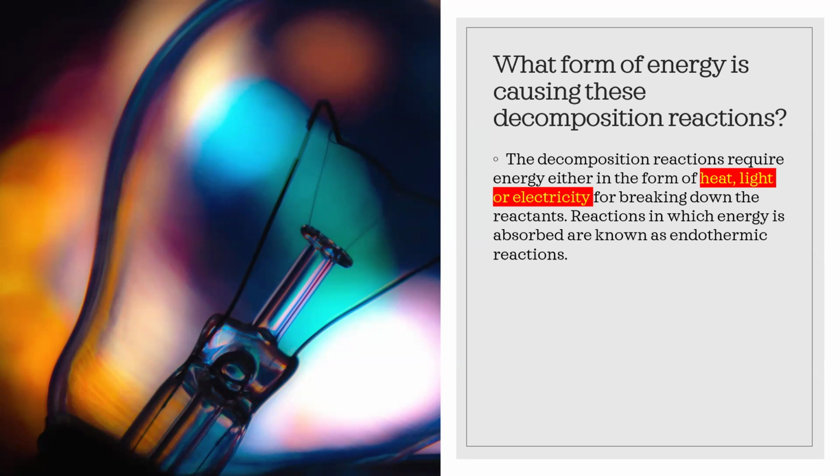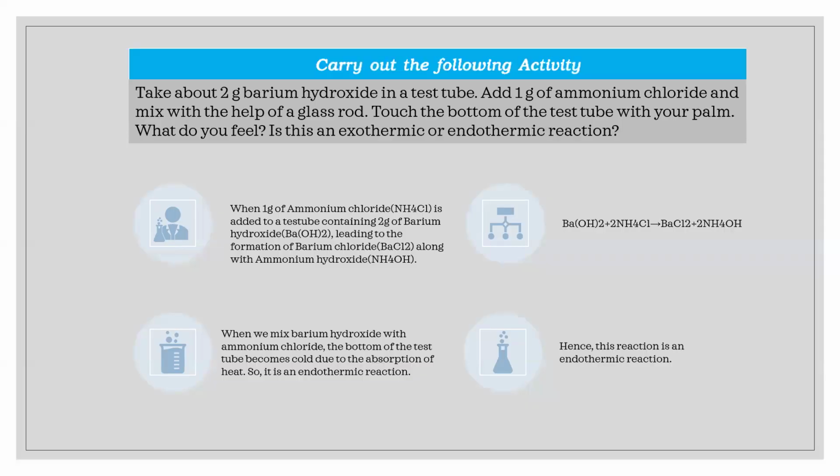The energy can be in the form of heat, light, or electricity. For the breaking down of reactions in which energy is absorbed, as we saw earlier, when heat is released we call it exothermic. When it is absorbed, we call it an endothermic reaction.